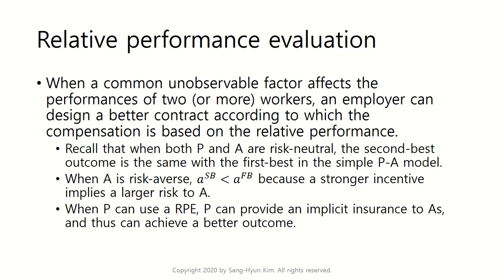So relative performance evaluation, you know what it is. We have done it for a very long time in universities and probably in other institutes, like maybe in high school as well. You see the rank of students, not just the absolute scores.